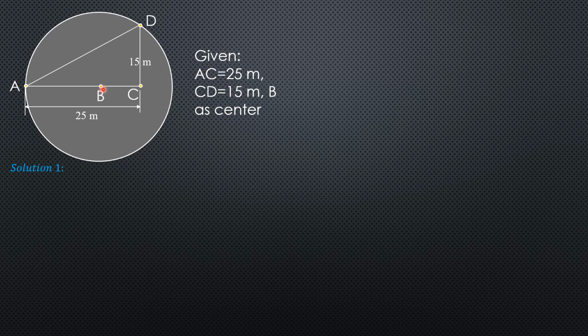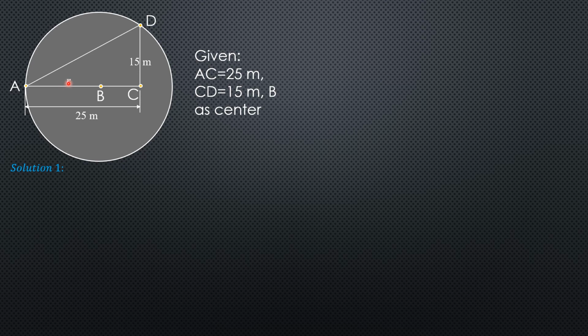So after we know R, then we can compute the area of the circle from area of circle pi r square. So I'll present four solutions to solve for R. Then in the final part, we compute the area of the circle after computing the radius in four ways.